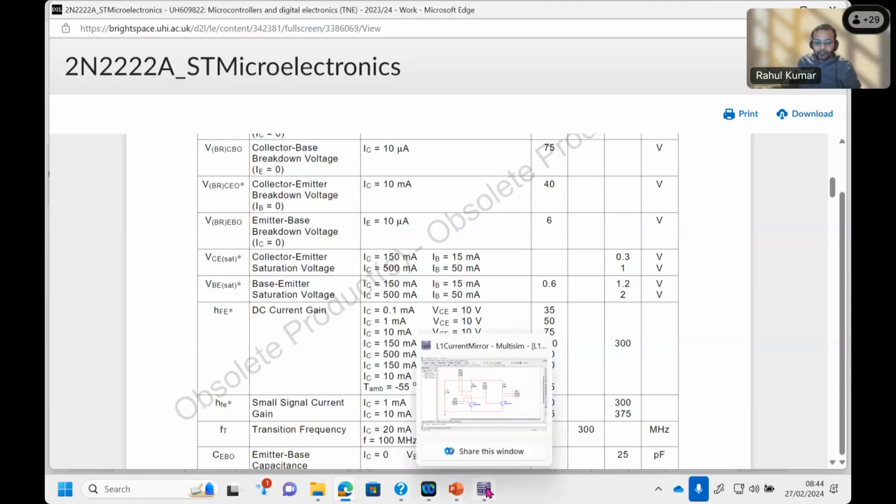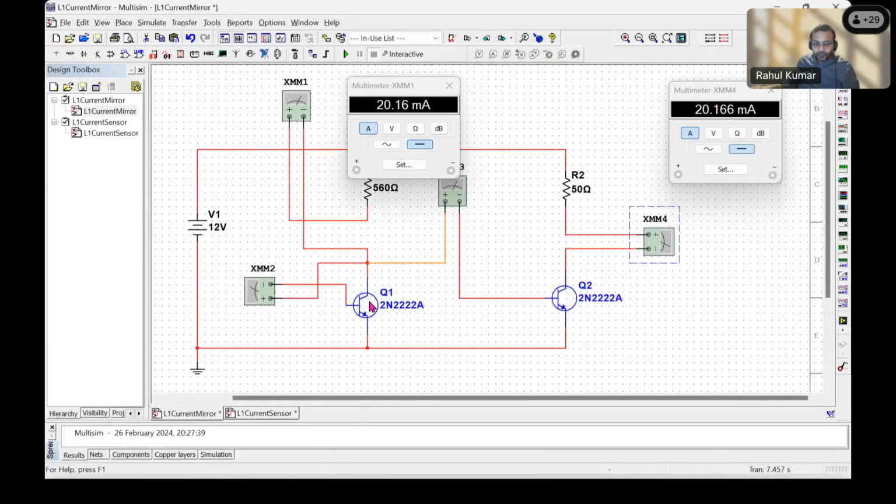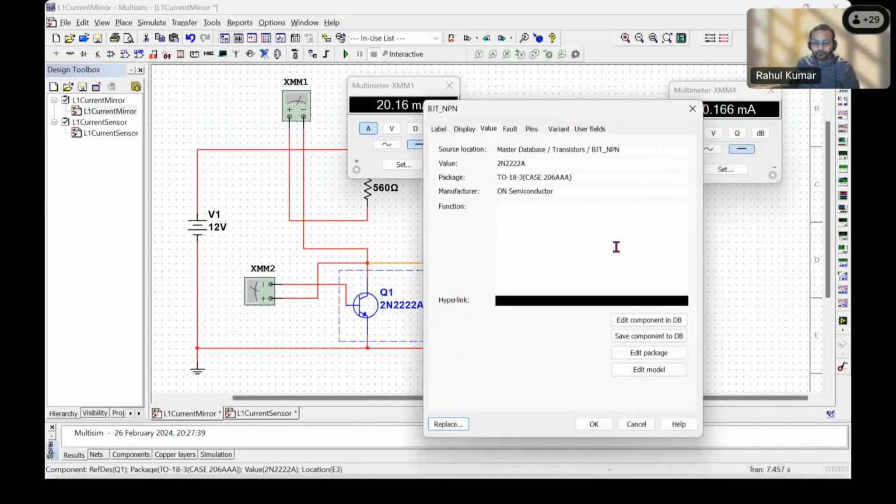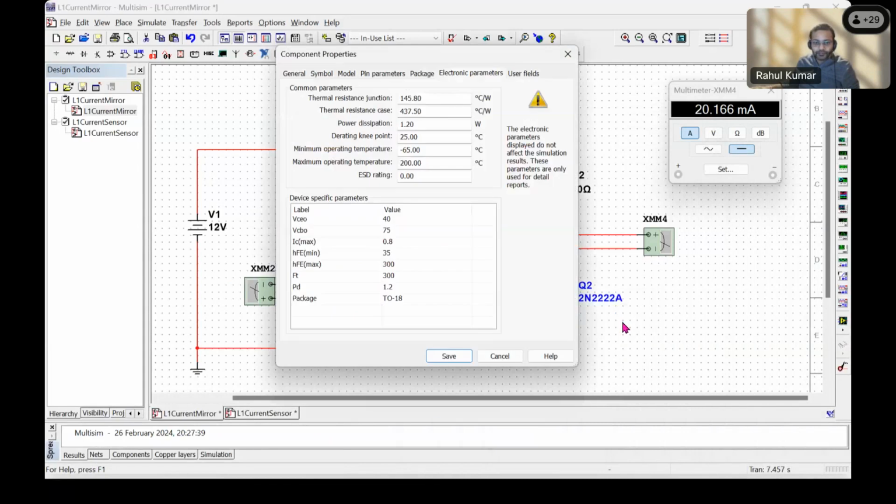Okay. Now let's verify that in Multisim. If you double click on the component and go into edit components, it gives you HFE min. That's your minimum current gain. Sometimes we use beta for current gain, right? But in the data sheet, they use HFE.